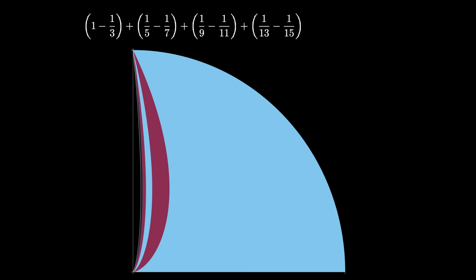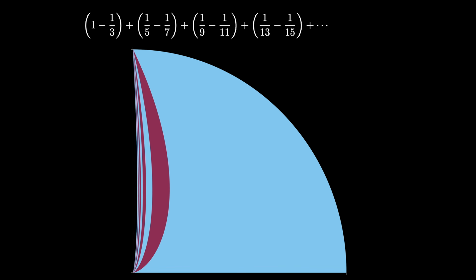As we repeat this, the area between two successive curves is always the difference between the reciprocals of the next two successive odds. And we see that as we let n go to infinity, these curves do in fact approach the y-axis. And that means that in the limiting process, so that we get the infinite sum that we're interested in, the entire area of the quarter circle is shaded by the areas in between the successive curves.